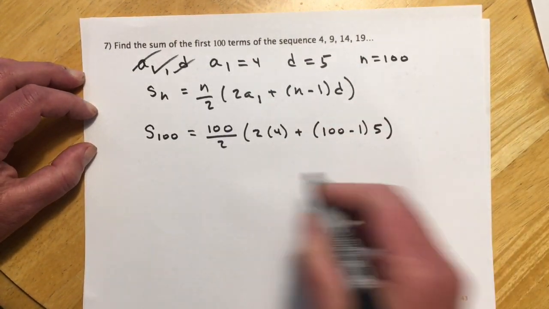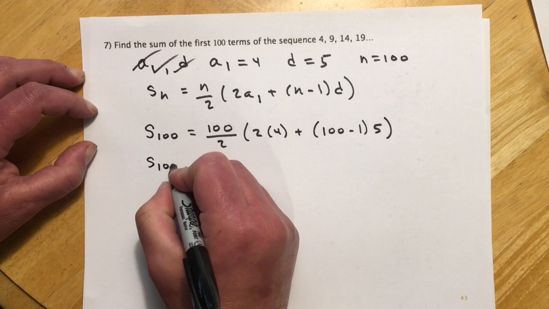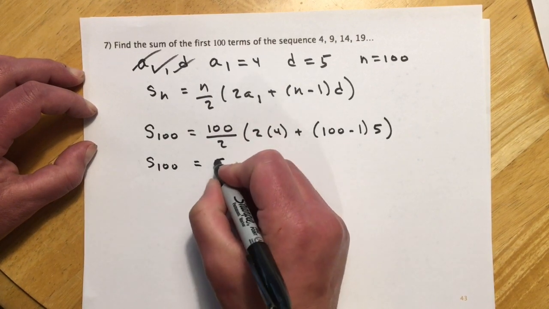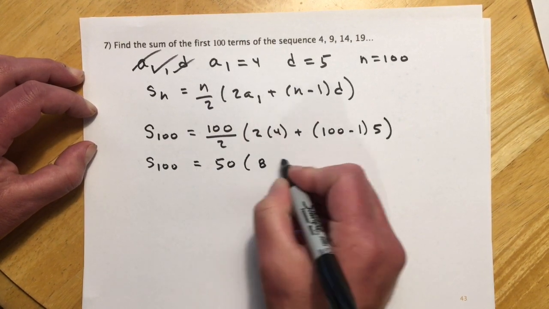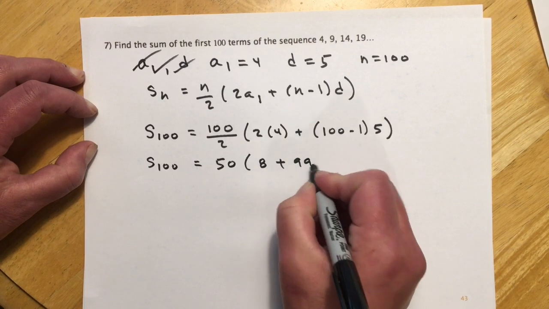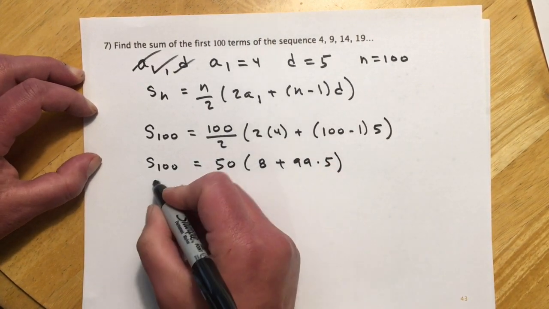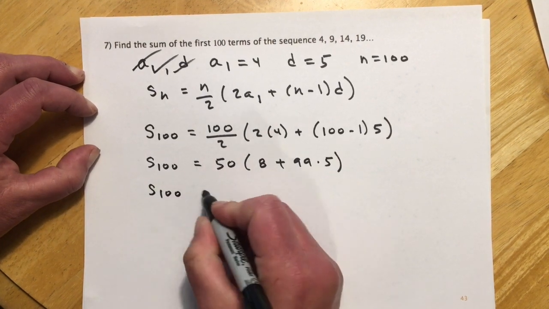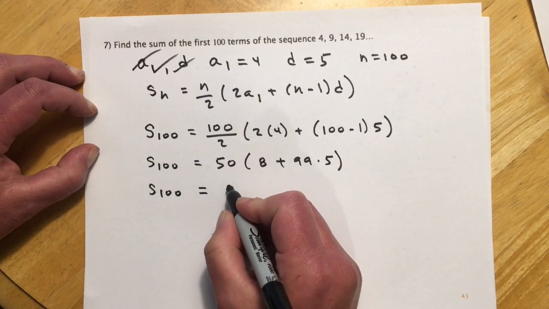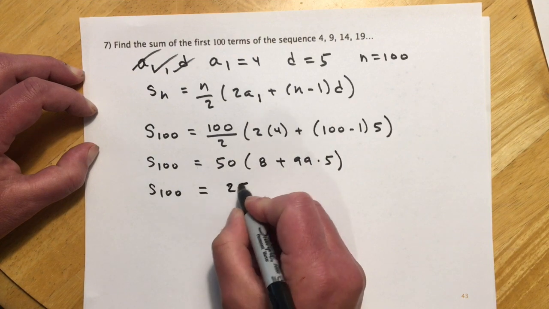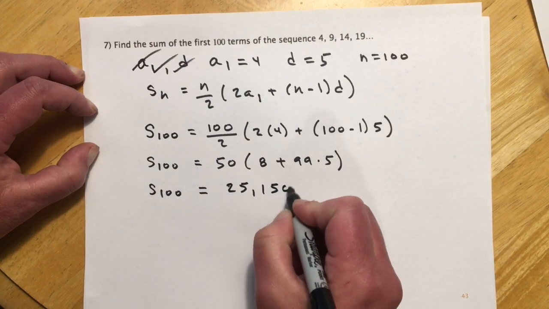And then just cleaning all this up, I get S of 100 equals 50 times 8 plus 99 times 5. And if we grind that out, the sum through the first 100 terms will be, let's see, I got 25,150.